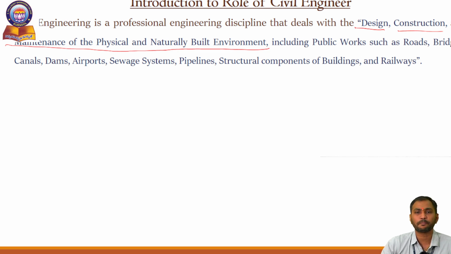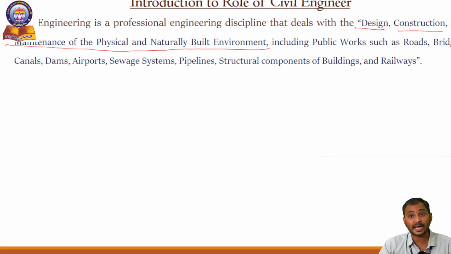Most people think civil engineering means only designing buildings, roads, irrigation structures, or constructing bridges. But not only the construction and design part, the civil engineer is also involved in checking water quality standards and environmental conditions.